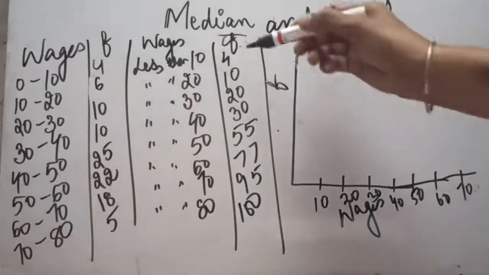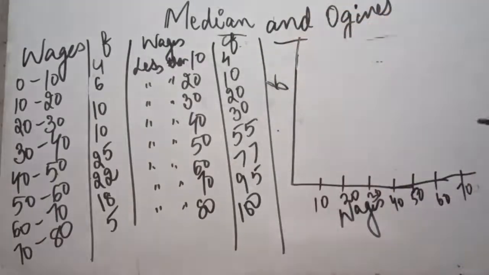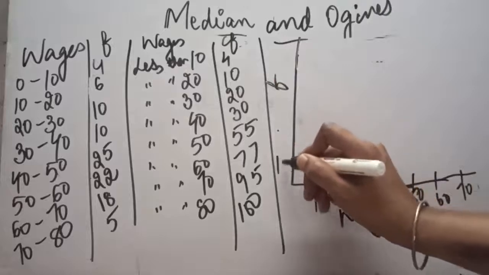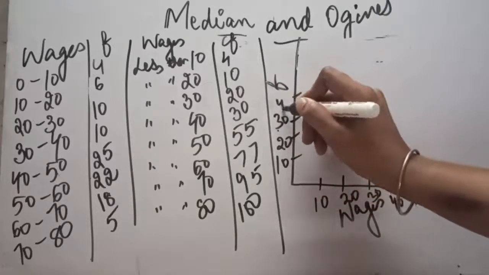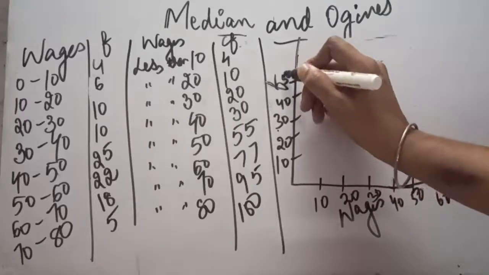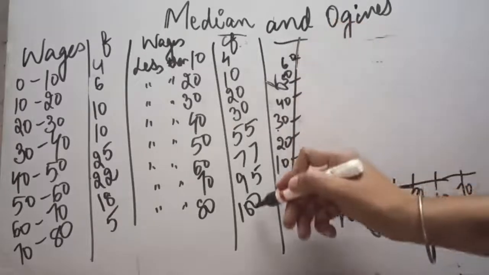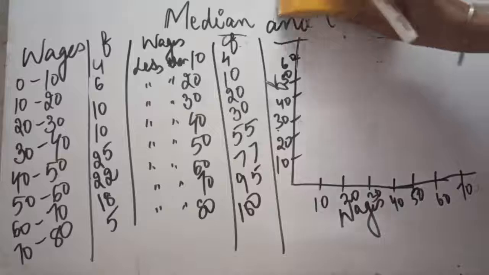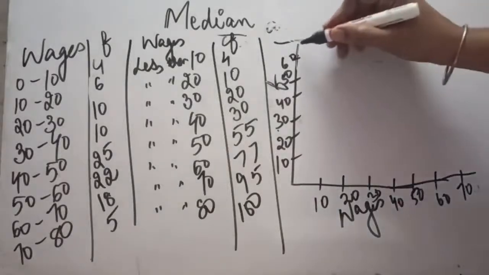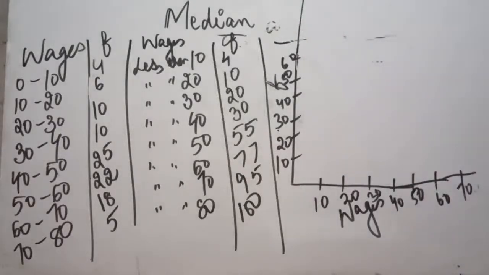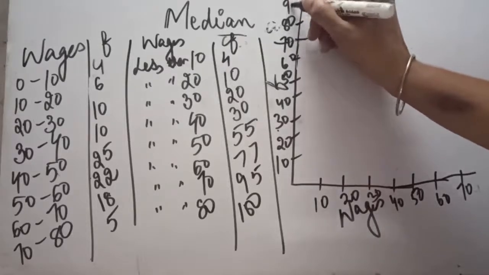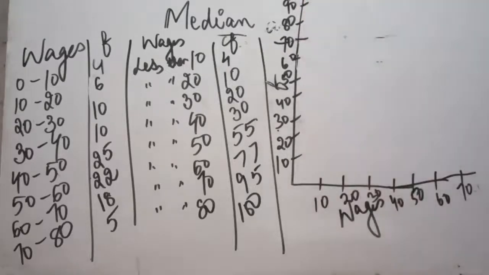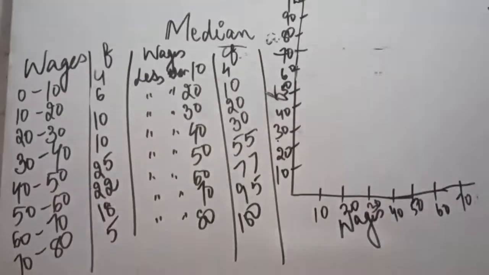Then the cumulative frequency will be plotted here. Here also we can take the difference of 10, depending upon the frequency, because we have to move till 100. So we can take the graph above. Like this we can plot our values.